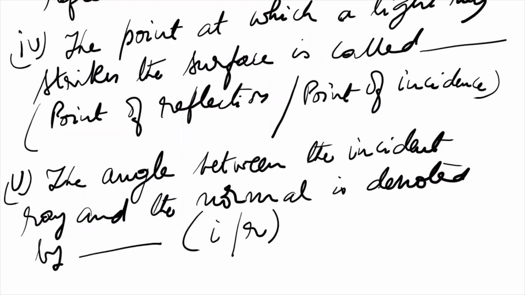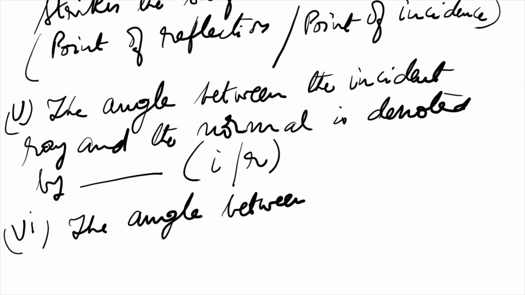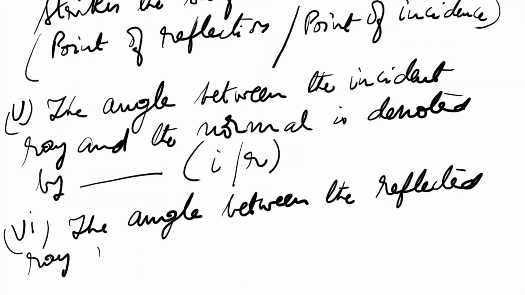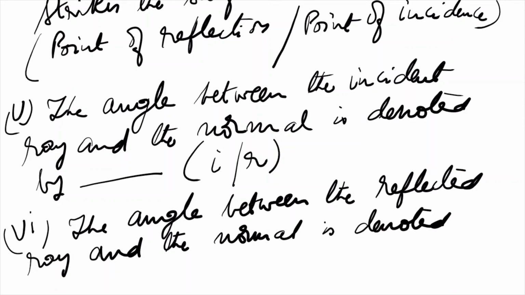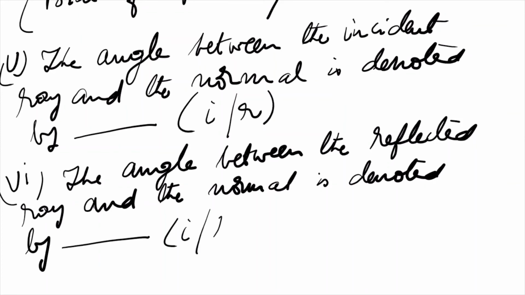The options are i or r. The angle between the reflected ray and the normal is denoted by dash. i or r.